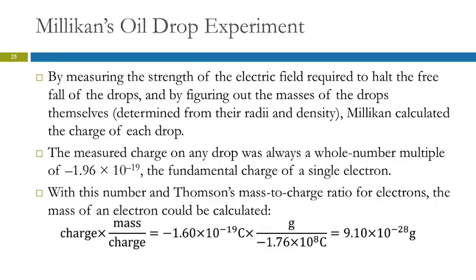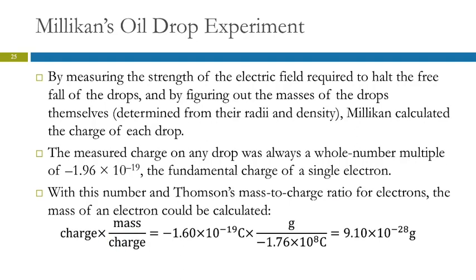So each of those oil drops was a different size, but they could figure out the mass by how fast it fell, and the charge using the charge-to-mass ratio that Thomson had developed.